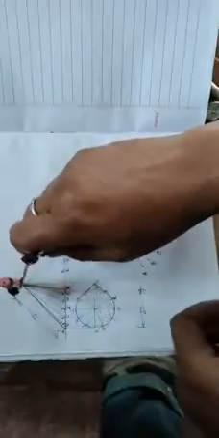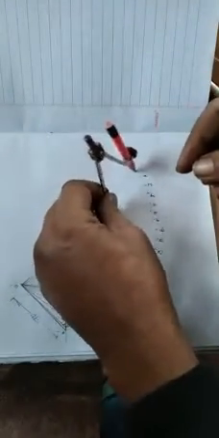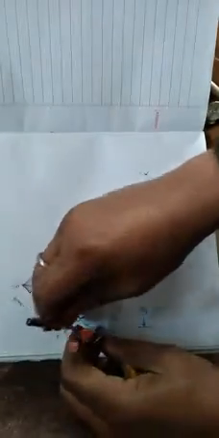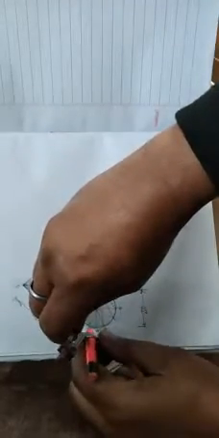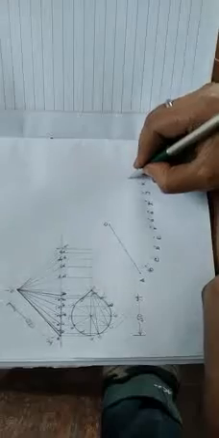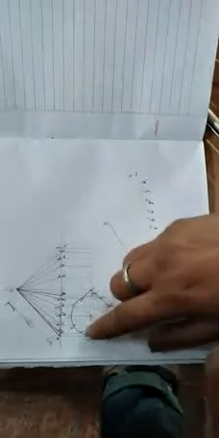Take the length OL and KL from the top view. So we get this point L.